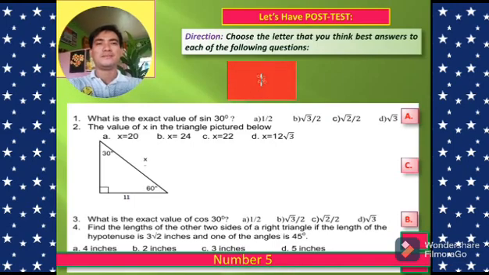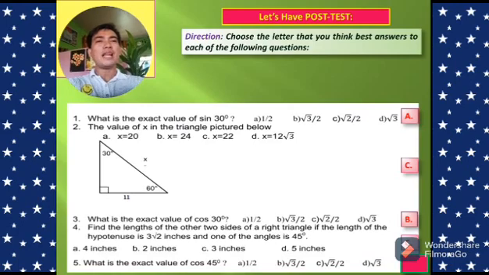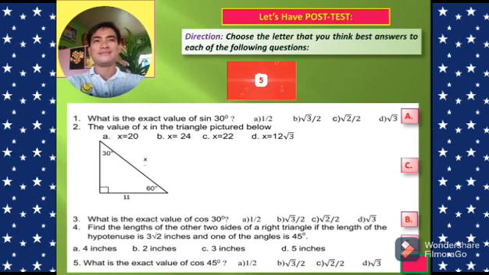Go. The correct answer is letter C. That is 3 inches. Let's proceed to number 5. What is the exact value of 45 degrees? Ready? Go. The correct answer is letter C. That is square root of 2 over 2.